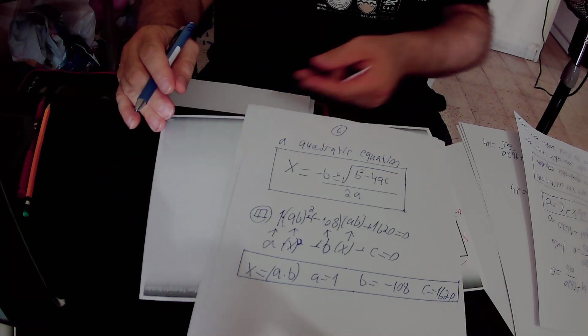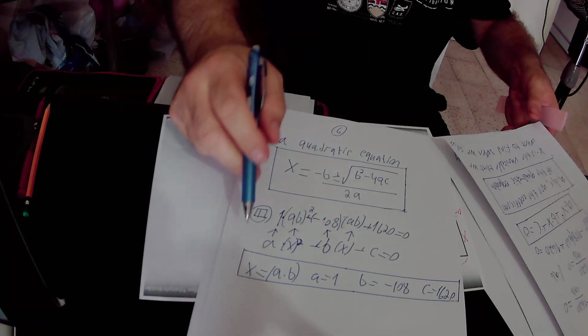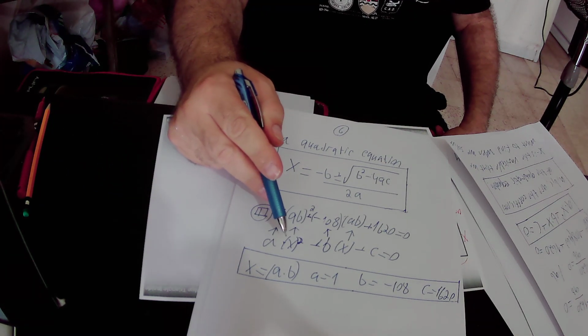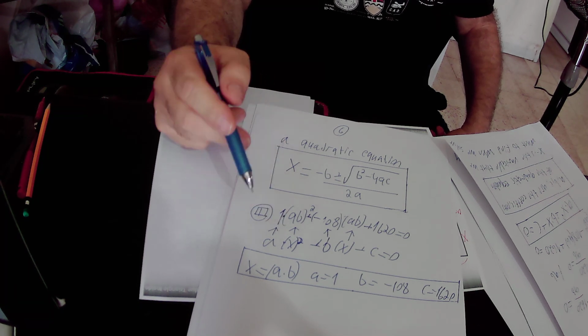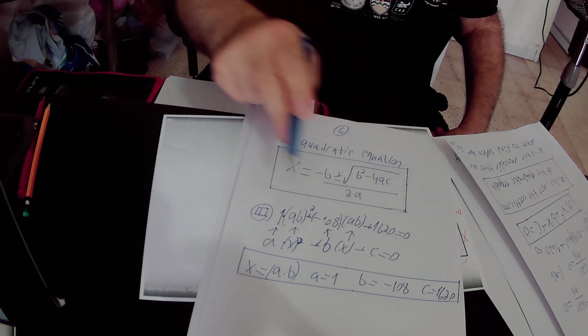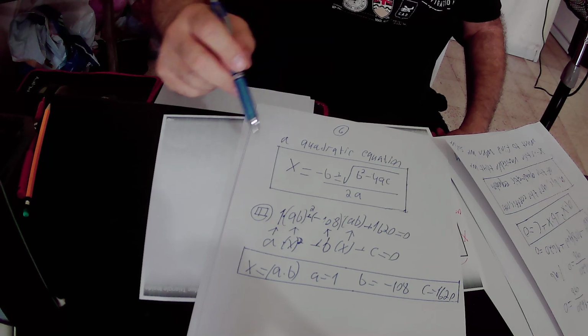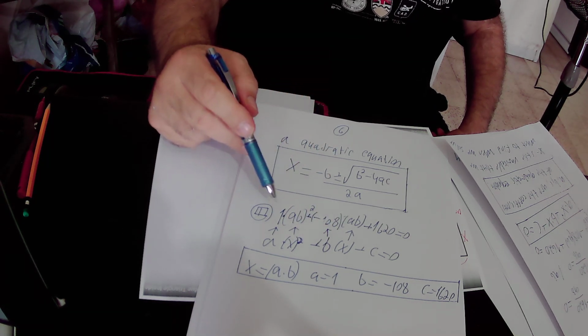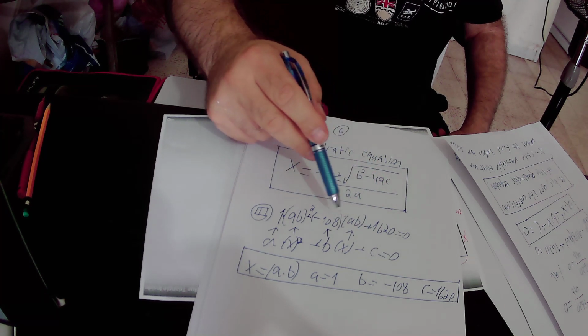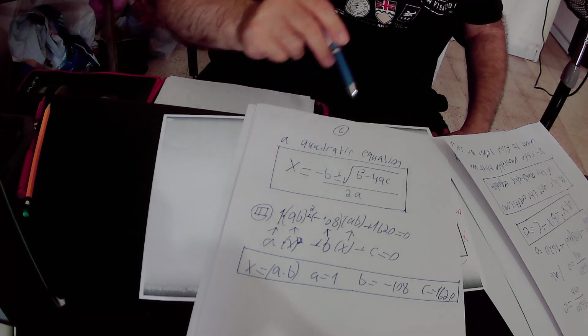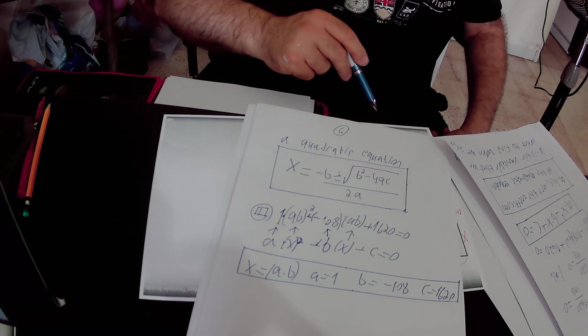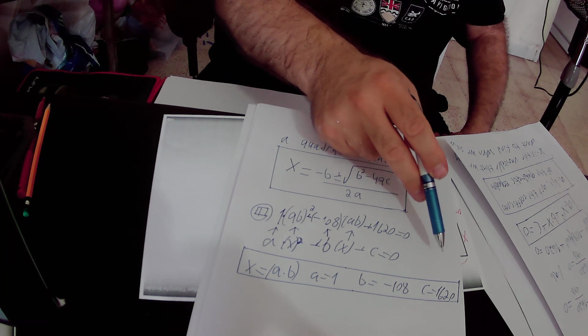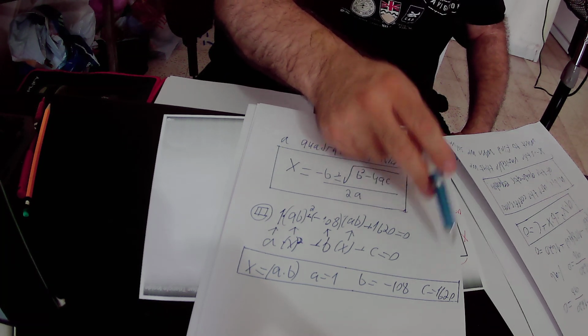Okay, x equals a times b. You can see it here. A equals 1, b equals negative 108, and c equals 1620.